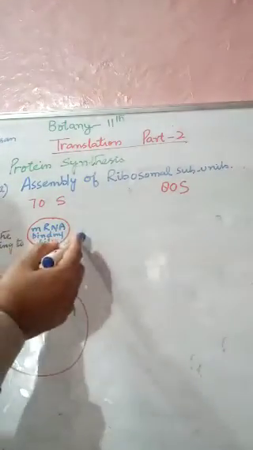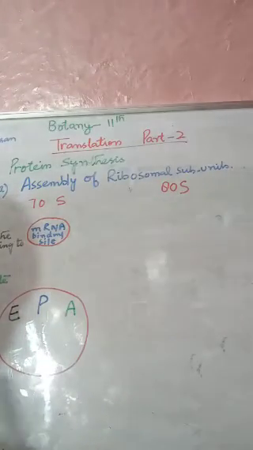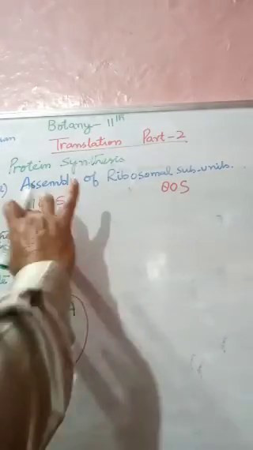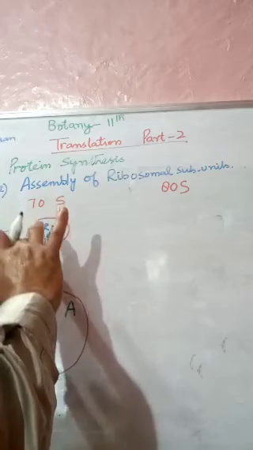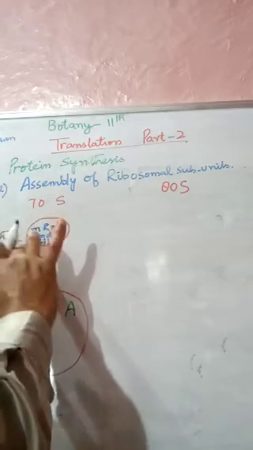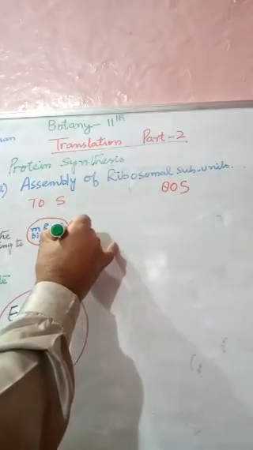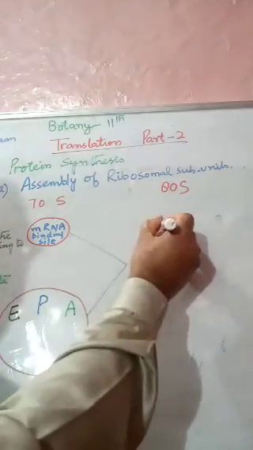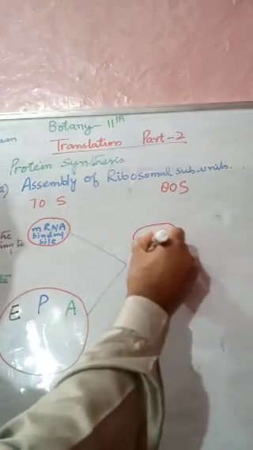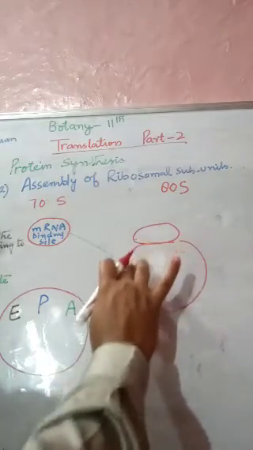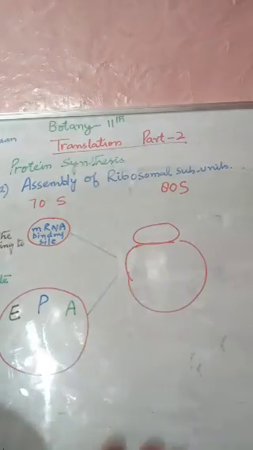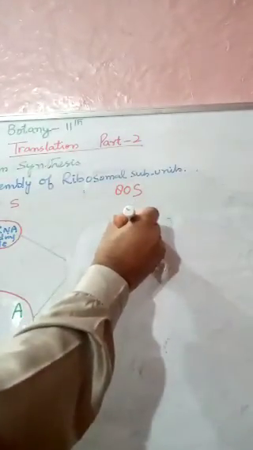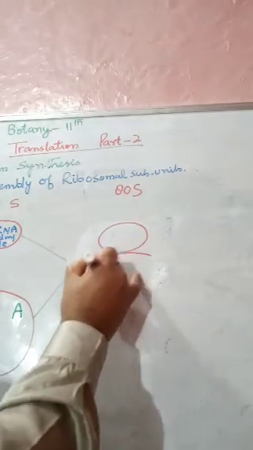Now these two subunits, the smaller subunit and the larger subunit, assemble only when protein synthesis takes place. They combine together only when protein synthesis has to take place.